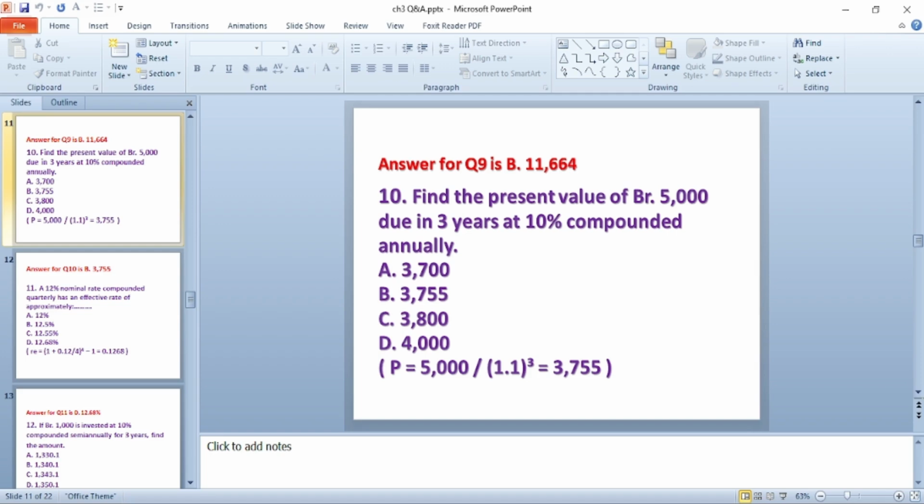Question number 10. Find the present value of birr 5,000 due in 3 years at 10% compounded annually.